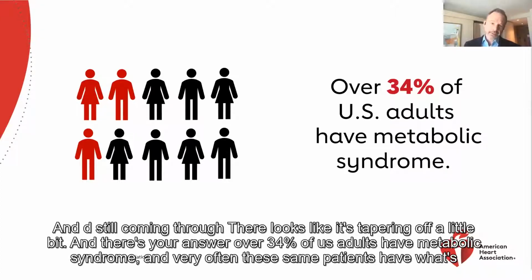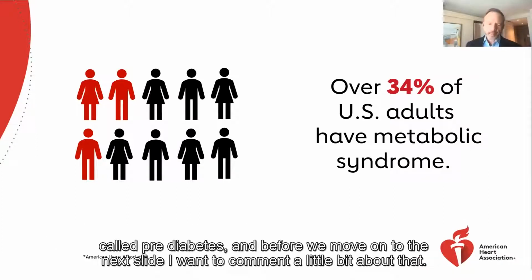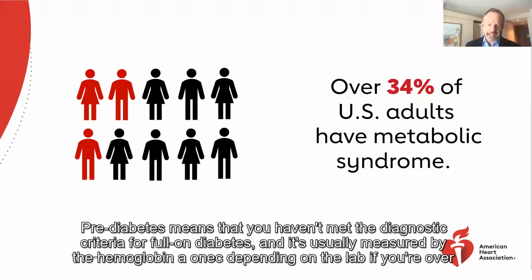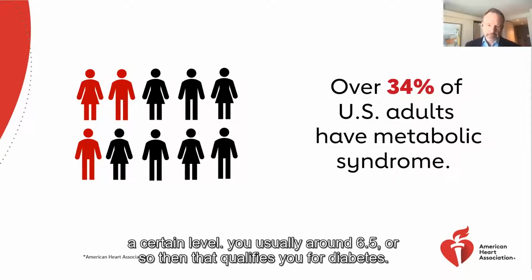And very often these same patients have what's called pre-diabetes. And before we move on to the next slide, I want to comment a little bit about that. Pre-diabetes means that you haven't met the diagnostic criteria for full-on diabetes. And it's usually measured by the hemoglobin A1C. Depending on the lab, if you're over a certain level, usually around 6.5 or so, then that qualifies you for diabetes.